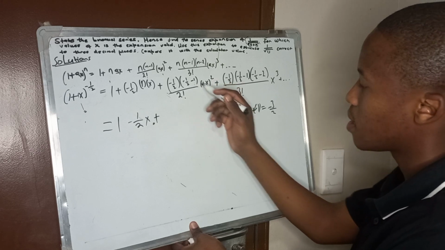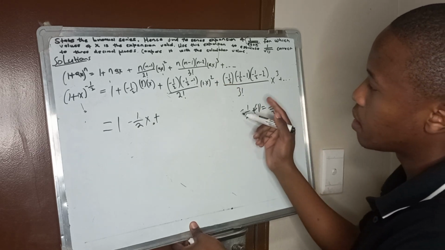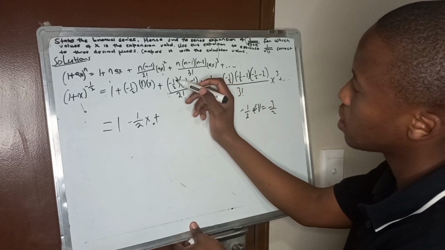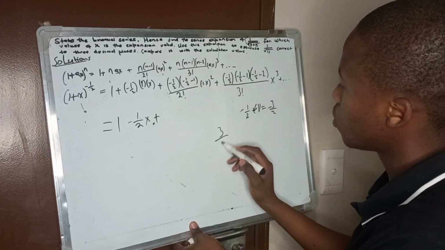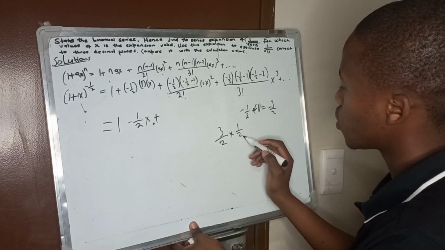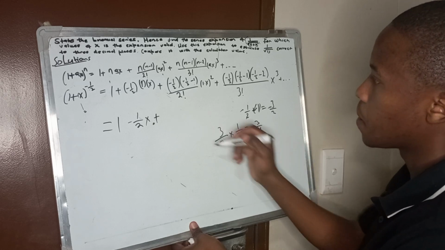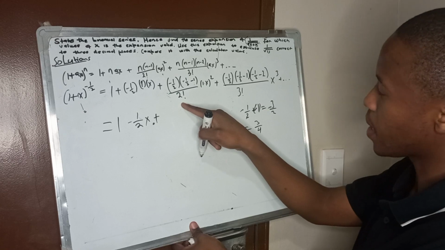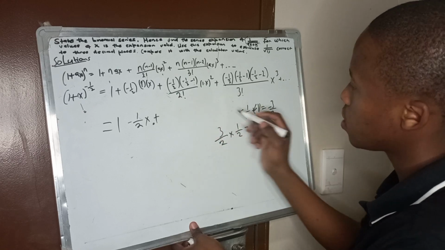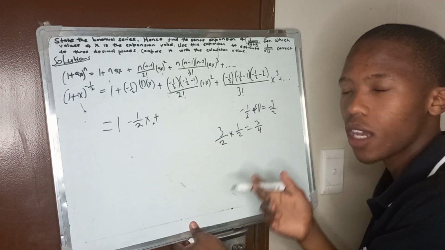-1/2 plus 1, that's 3/2. 3/2 times 1/2, that is the same as 3/4. But 3/4 divided by 2, since 2 factorial is the same as 2 times 1.